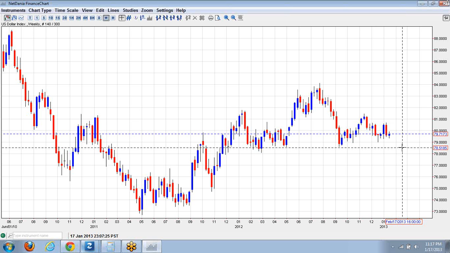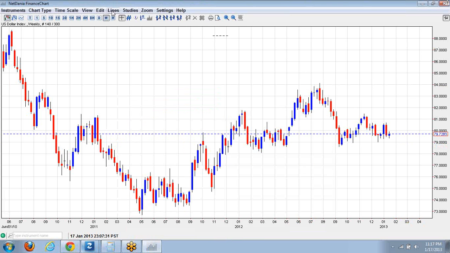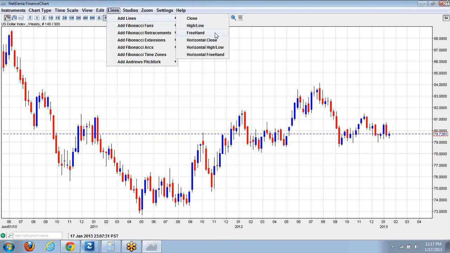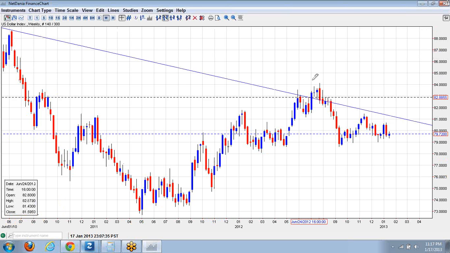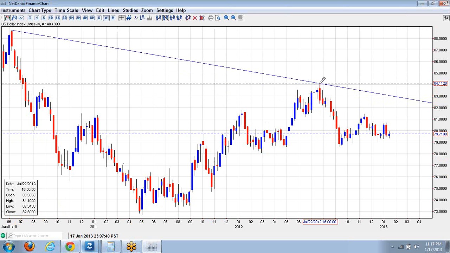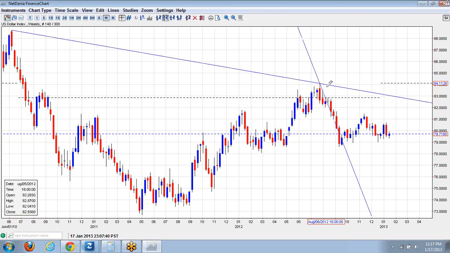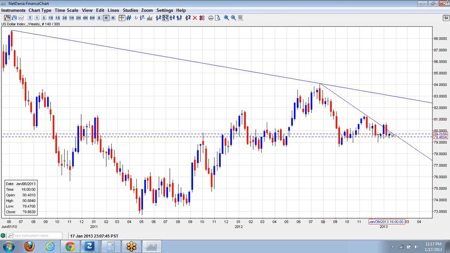Draw a downtrend line, please. Sure. So the downtrend line would look like this. That would be our primary downtrend. Secondary would be something like that. It's been breached.